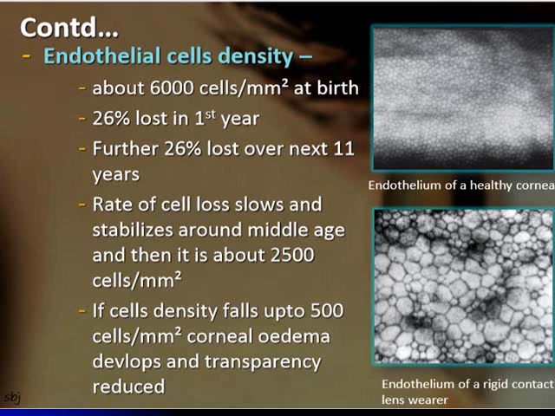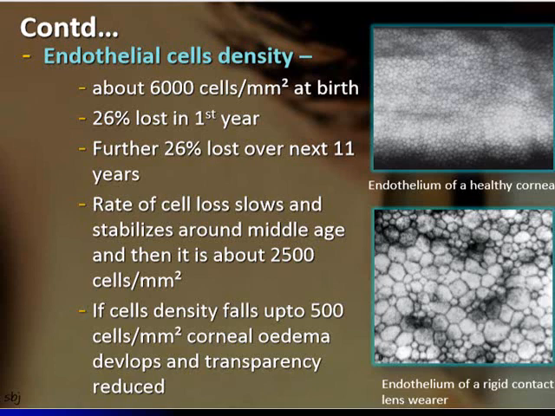So we have around 6,000 cells per square millimeter at birth, when the child is born, of which around 26% is lost during the first year, and another 26% is lost within the next 11 years. And the rate of loss slowly stabilizes at middle age.